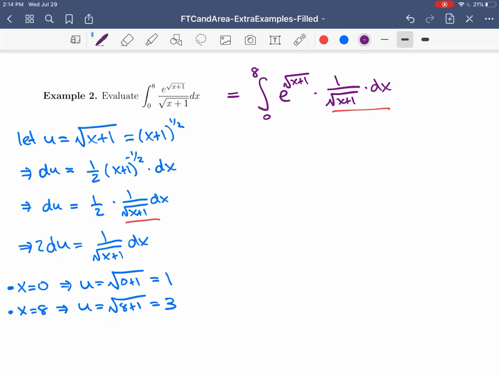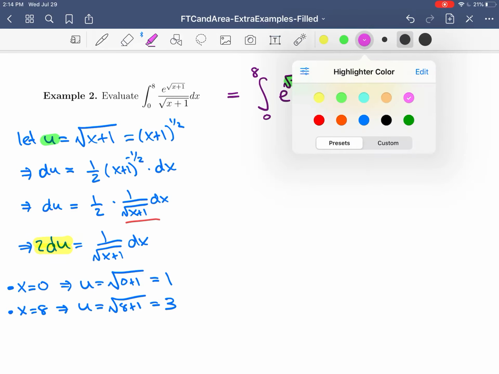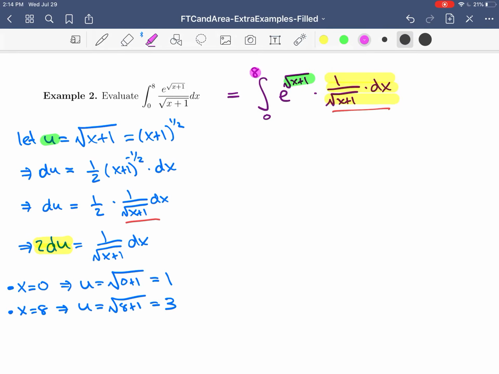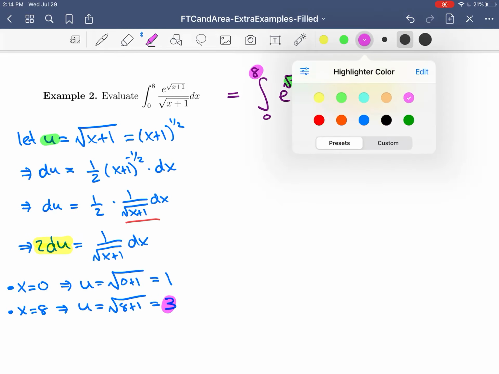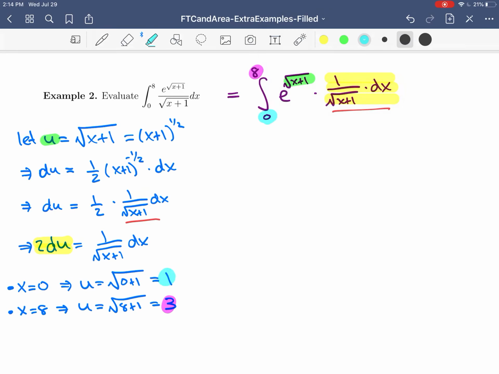Let's use our colors here. This part is my u, so it's going to be e to the u. All of this is equal to 2 du. And my upper bound, the 8, is going to be the 3, and the 0 is going to be replaced with a 1. So when I switch to u's, this is the definite integral from 1 to 3 of e to the u times 2 du.